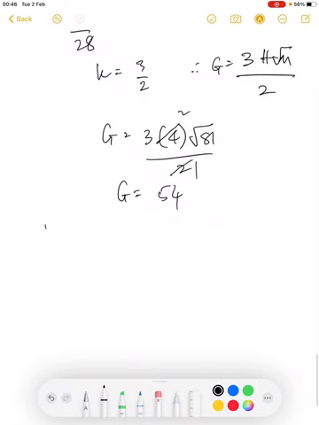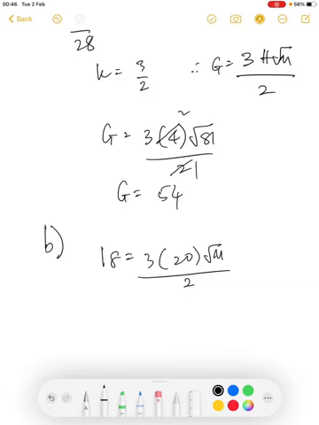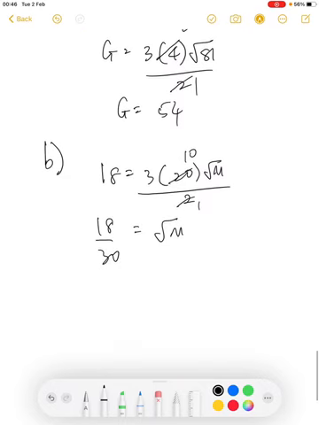And for M, 18 equals 3, 20, 7 over 2, 30, 18 over 30 equals to 3 over 5, M equals to 9 over 25. Okay.